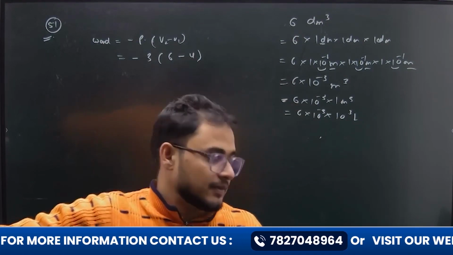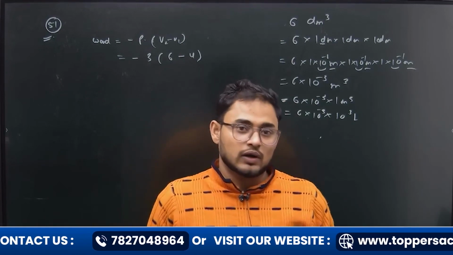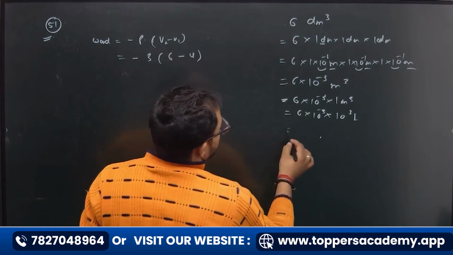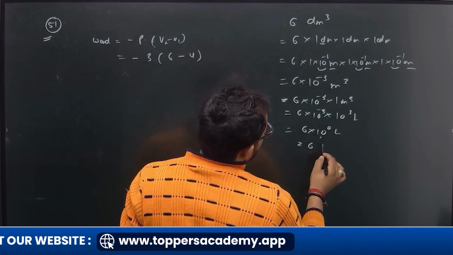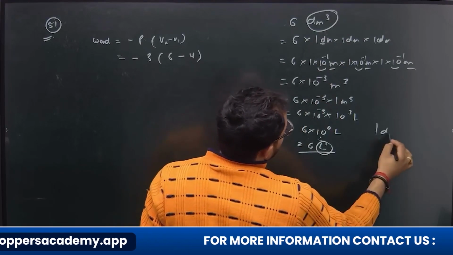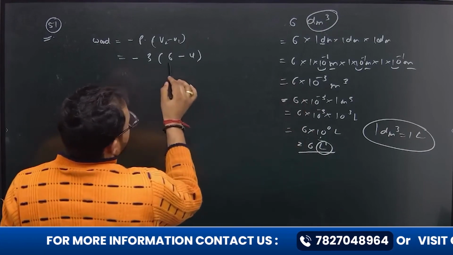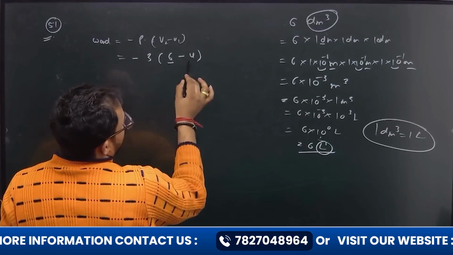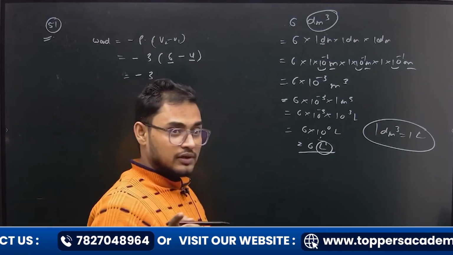So you will be able to fill 1000 liter water in that water tank. So 6 into 10 to the power minus 3 plus 3, so 6 into 1, that is 6 liter. So 6 decimeter cube is equal to 6 liter. I can say 1 decimeter cube is actually equal to 1 liter. So 6 decimeter cube or 6 liter, 4 decimeter cube or 4 liter. Same thing, right? Decimeter cube or liter, same thing.